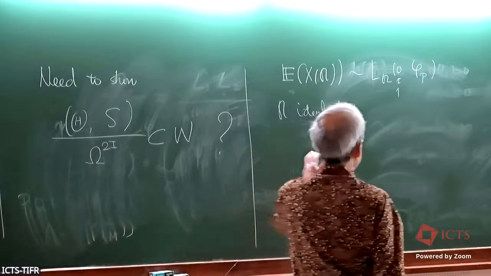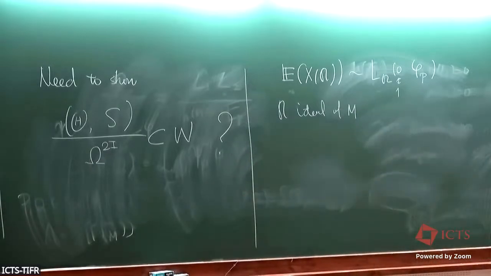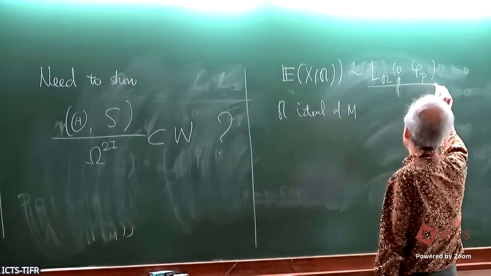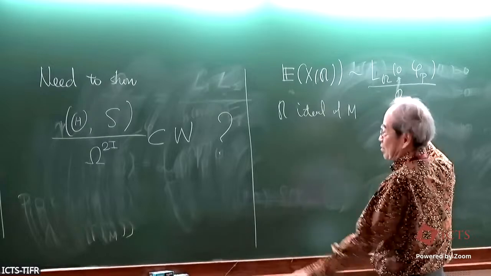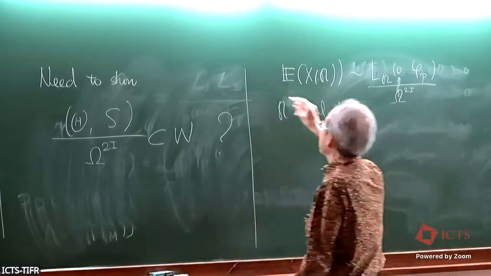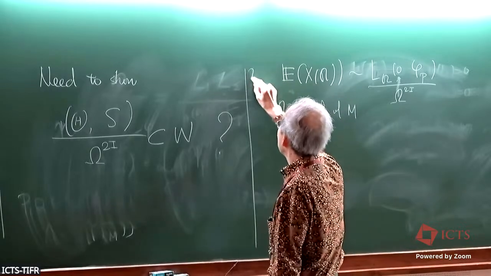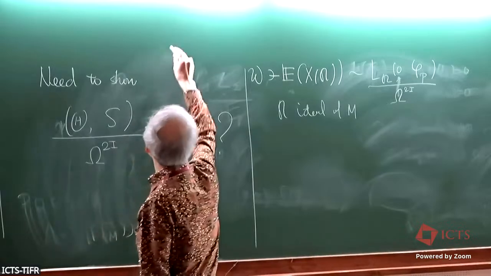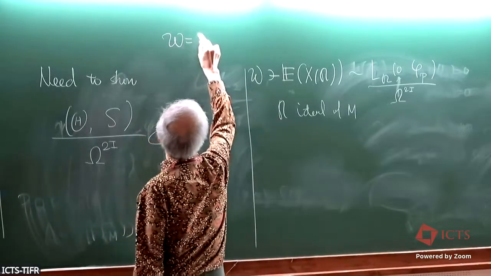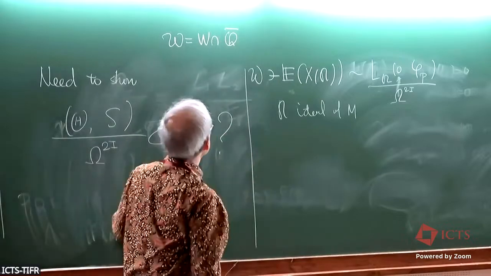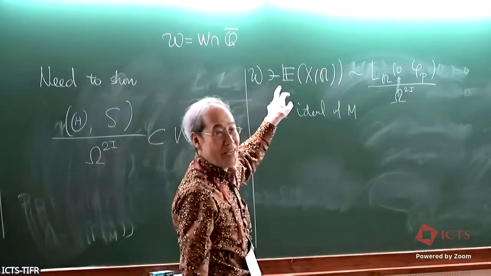This means, by Katz's theory of geometric modular forms, that actually strictly speaking divided by omega to the something, but for this weight it is one. And by Katz's theory, this is in W. You remember? W is W intersected with Q bar. Not just a completed object, but an algebraic version.